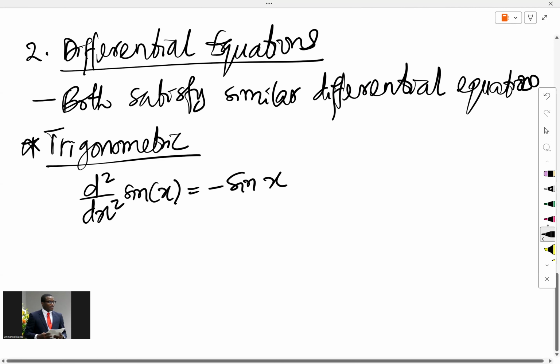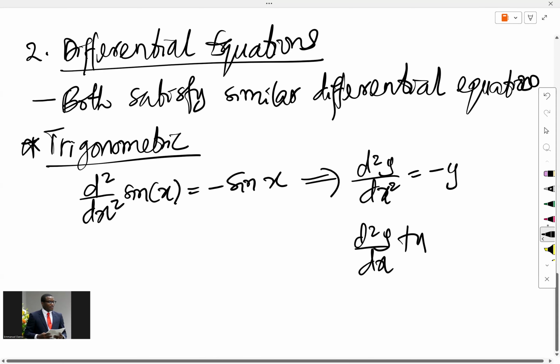So if you want to replace this as some kind of differential equation, it's more like saying that you have d squared y dx squared equals minus y, so you can have d squared y dx squared plus y equals 0. So you can look at it that way.